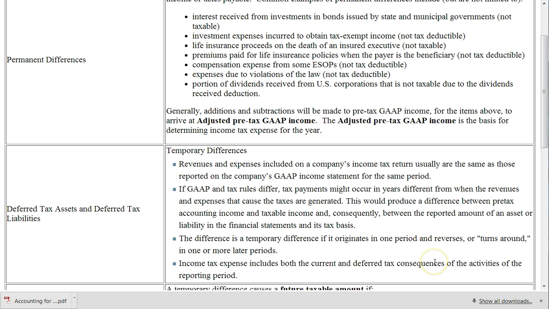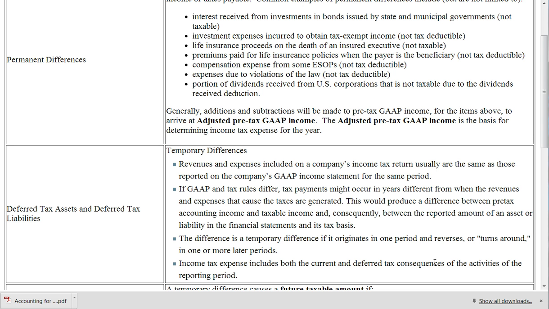And so there are some differences between GAAP and tax rules that can result in revenues being recognized in one year for the GAAP income statement and not recognized until the following year for tax purposes, or vice versa. And the same thing with expenses. These temporary differences are initially recognized in one period, and then we need to maintain that information and wait for those temporary differences to reverse themselves or turn around.